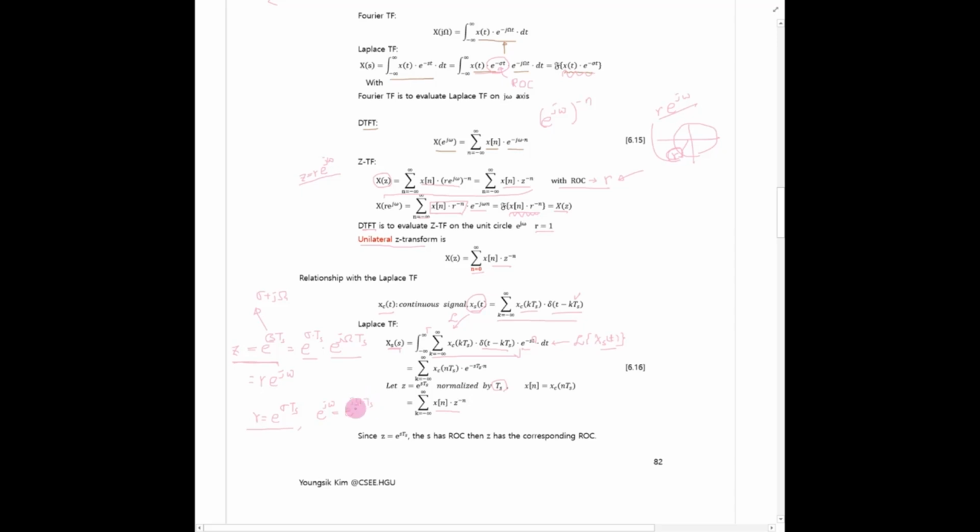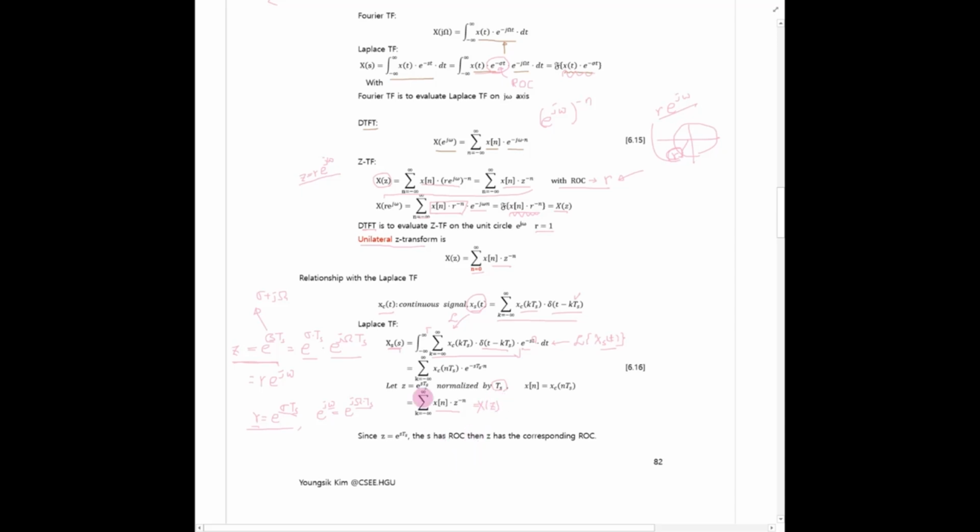It's obvious this is normalized frequency, and the sigma is normalized, that becomes the r term. Okay, so we can express the z transform in this way. This is X of z.